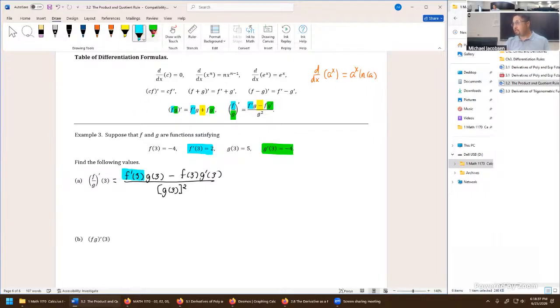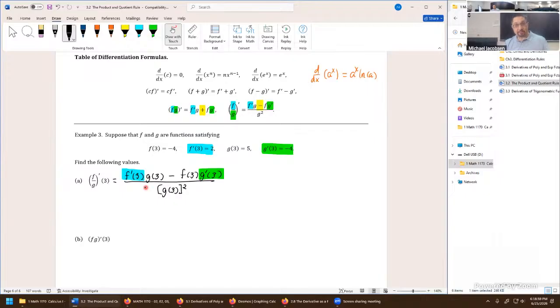So now we need to do 5 function evaluations, not all different though. Looks like 4 different evaluations, 2 of them derivatives, and 3 of them ordinary function evaluations. So that's step 1 of the process. Essentially, you just write down the quotient rule and say the function at 3 for each function that occurs.